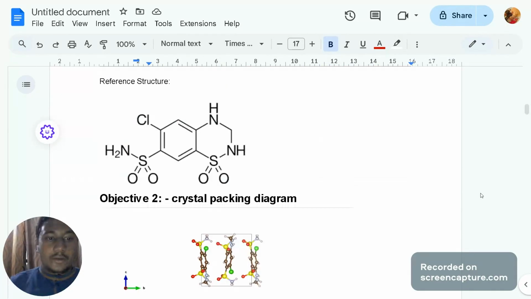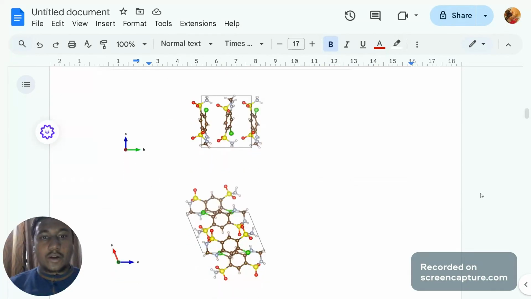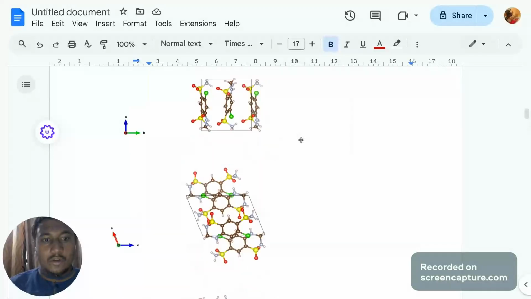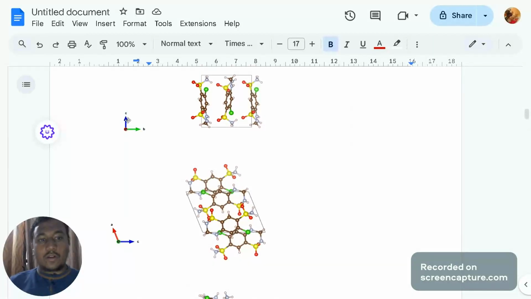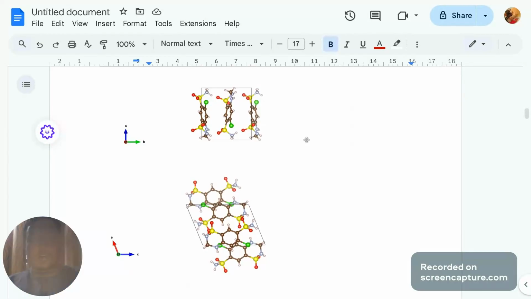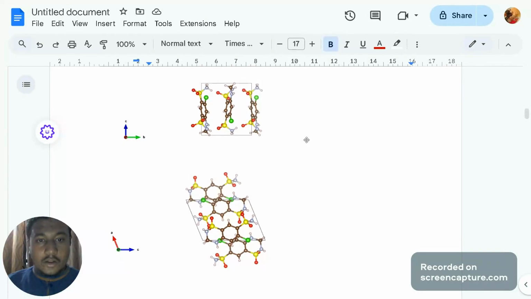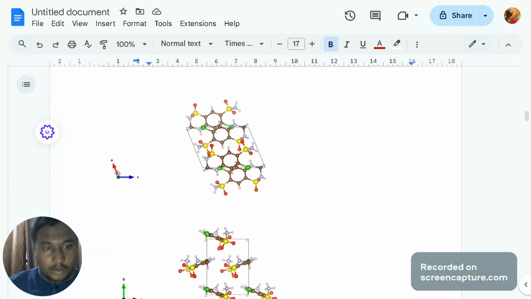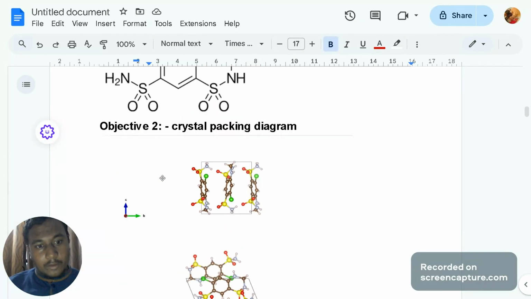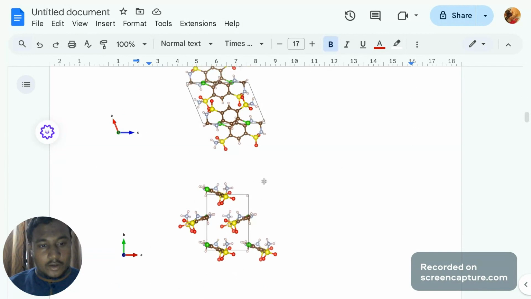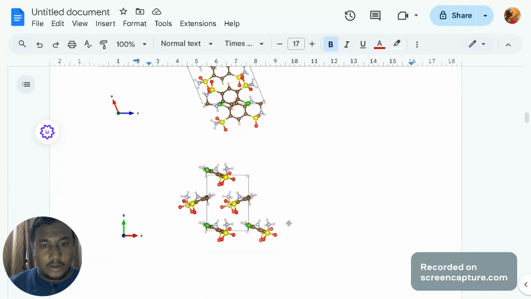For objective 2, which is the crystal packing diagram, three different views are shown. In the first one, B and C are perpendicular and in the plane of the screen, the computer screen. In the second, A and C have an obtuse angle instead of being perpendicular, which is 111.208 degrees. And in the third one, B and A are in the same plane of the screen.